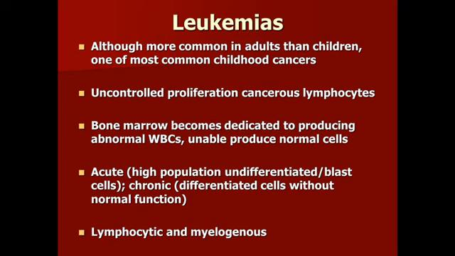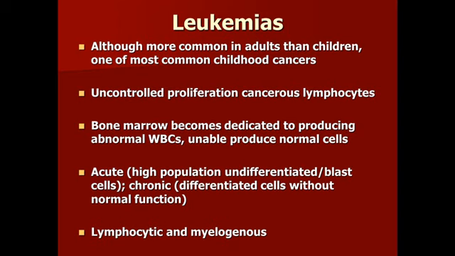And hopefully you've already listened to the lecture on the biology of cancer, so you know that these are abnormal cells. And what actually happens in a leukemia is that bone marrow becomes dedicated to producing these abnormal cells and then just can't produce anything normal.